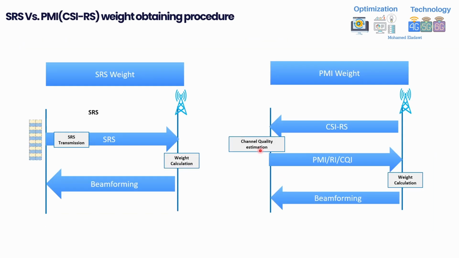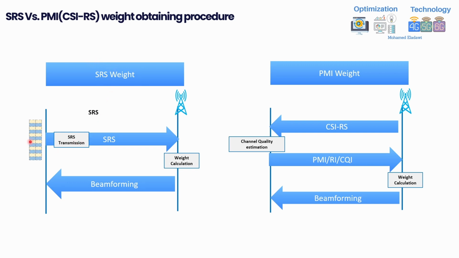Moving forward, the last part here is where we are going to compare the SRS downlink channel estimation, or downlink beamforming weight calculation, using SRS or PMI, CSI-RS and so on. The first part is the SRS weight.